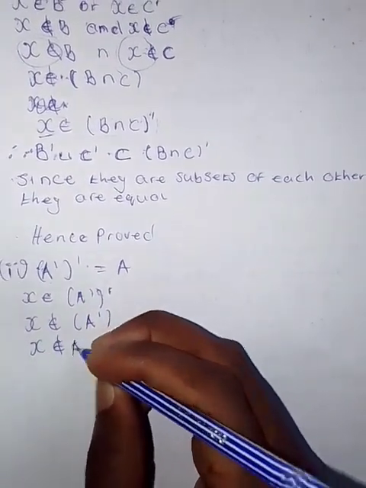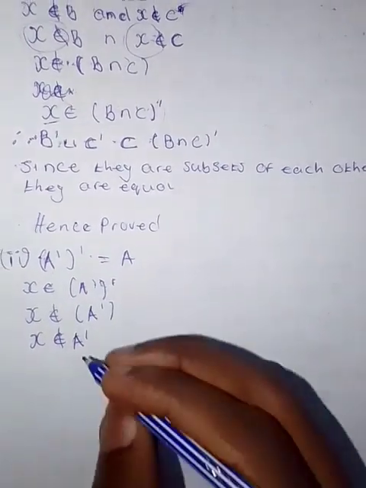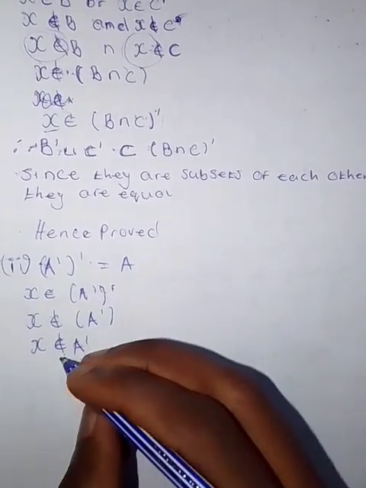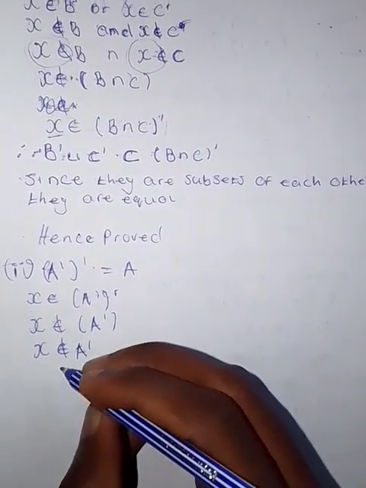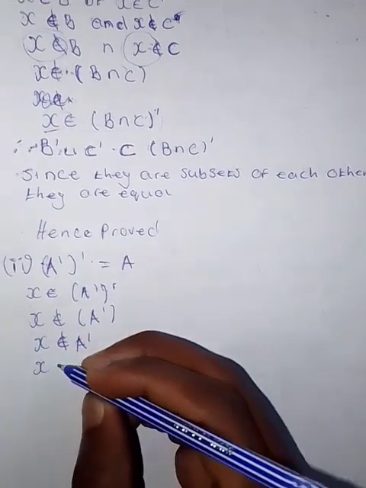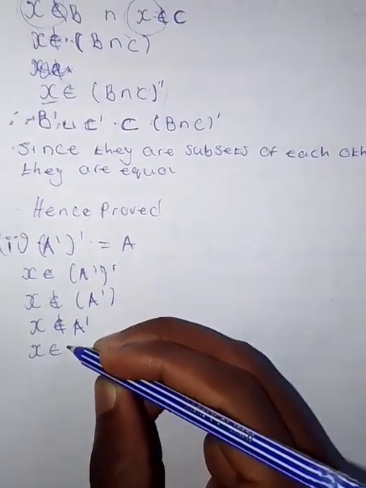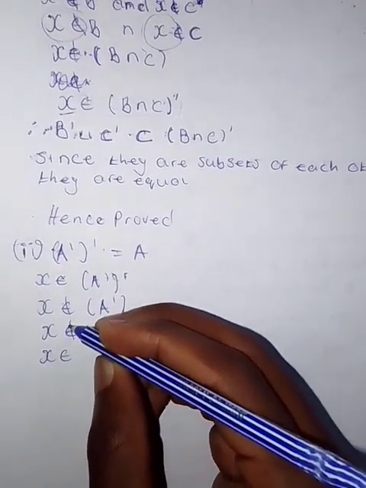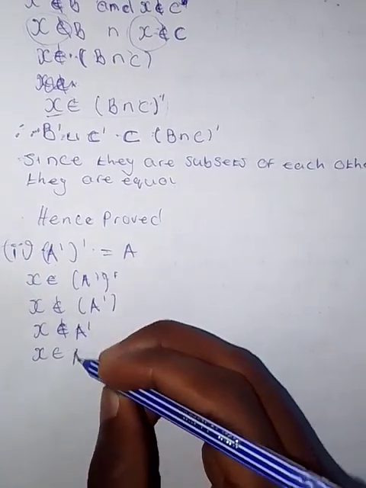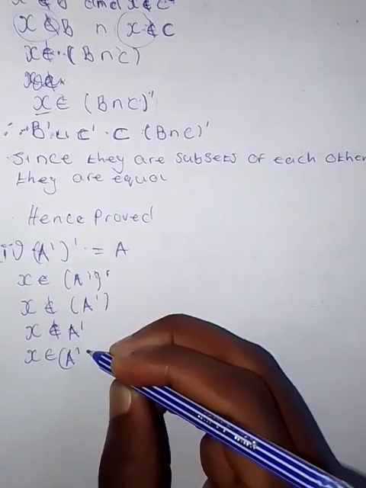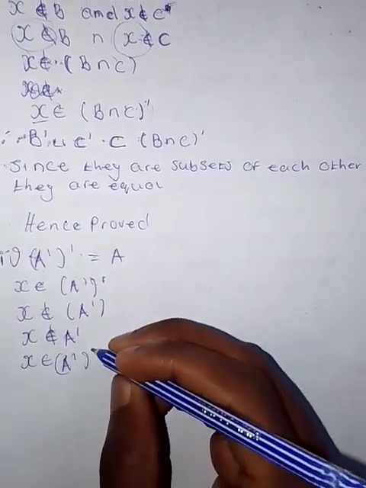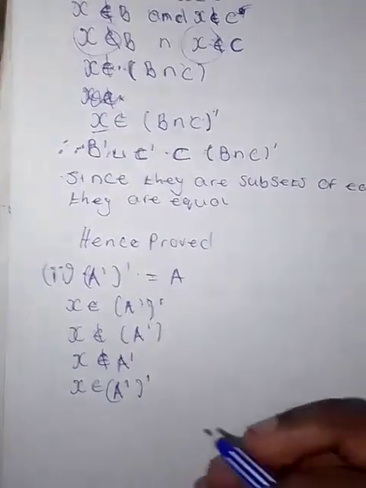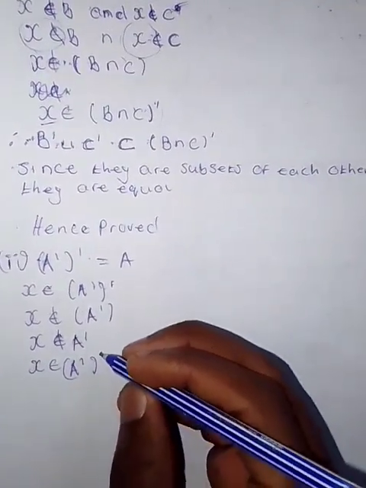Again, remember, this can also be represented like this. Meaning that if we multiply this with this, they are going to cancel.